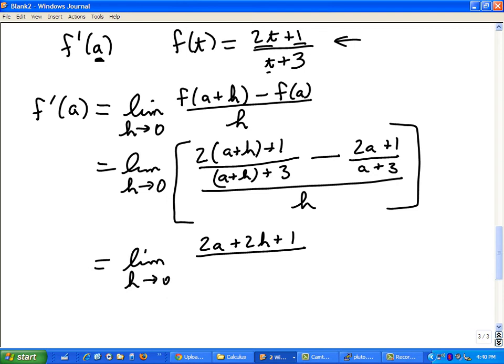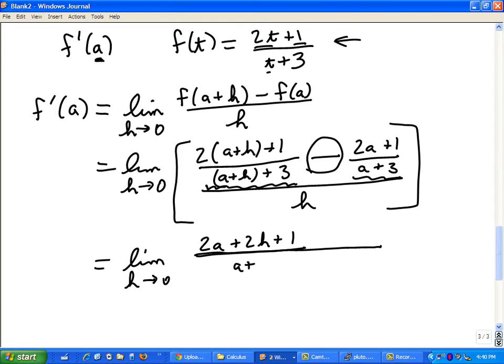Because you see what I'm going to do? These are two fractions right in here where I'm subtracting. So I need to get the common denominator of that times that. So the common denominator is a plus h plus 3 times a plus 3.